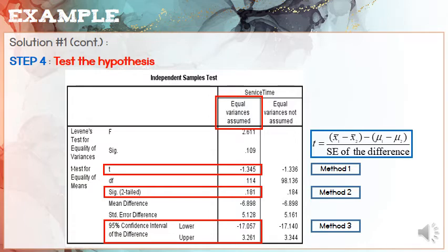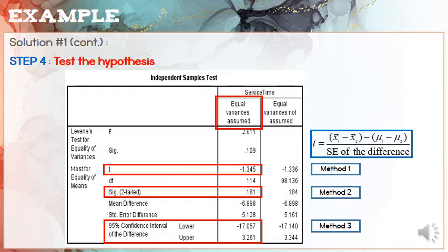You actually can use any method unless soalan specifically ask you to use a certain method. If not, you may use any method that you feel that you are confident with, that you feel that is the easiest method to use. If you ask me, I normally use a p-value method. Okay, but that is not fixed. Kalau soalan kata tak kisah, you boleh pakai mana-mana sahaja.